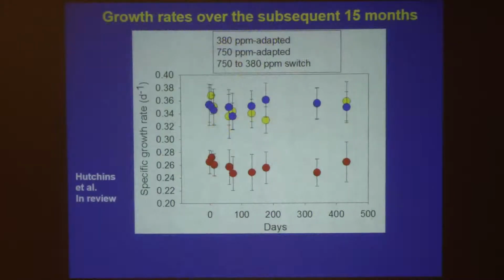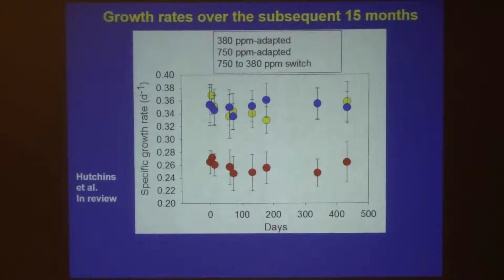But just to convince you, these are the growth rates. Again, the low CO2 adapted in yellow, the 750 ppm adapted, and in blue, the 750 switched back to 380. So they're growing as if they're at high CO2, but they're now back at low CO2.